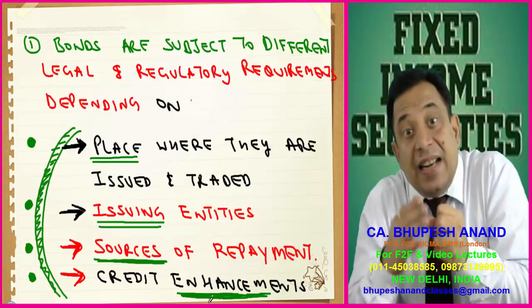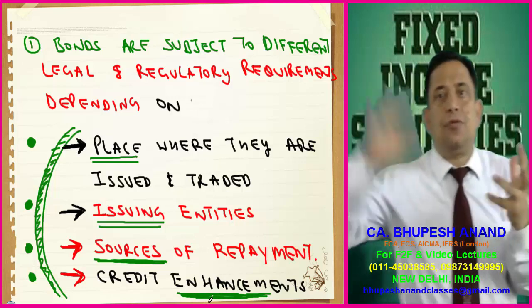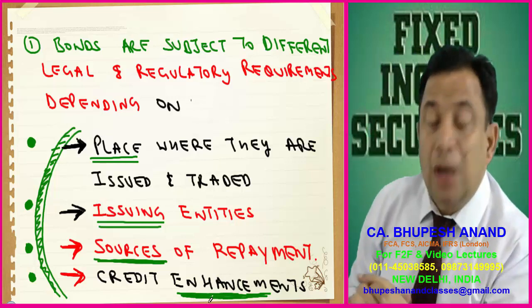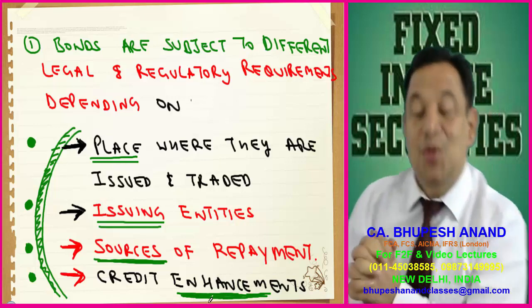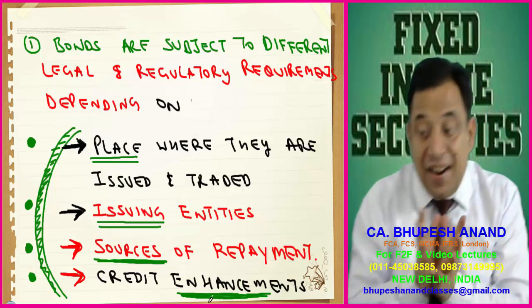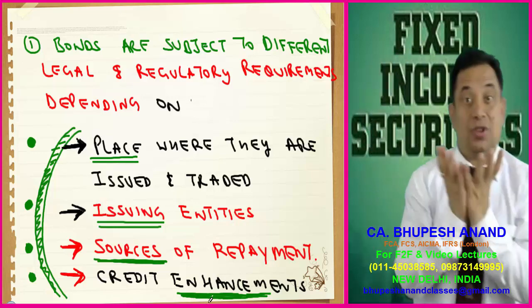And it depends upon different factors. There are 4 scenarios which I have given to you. Please write down the first point: bonds are subject to different legal and regulatory requirements depending upon 4 scenarios.